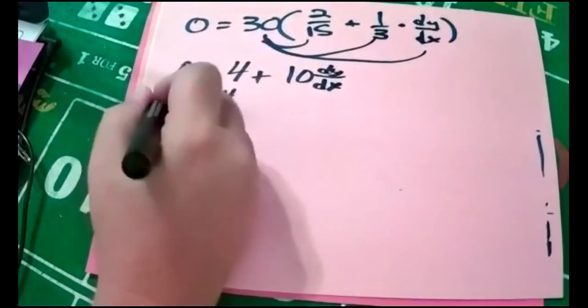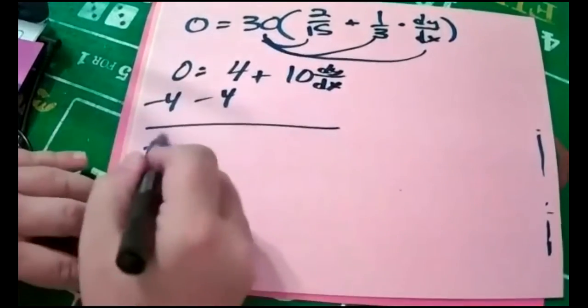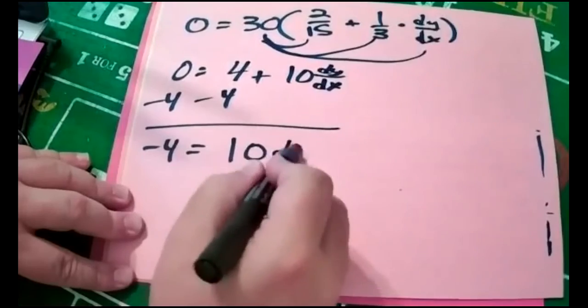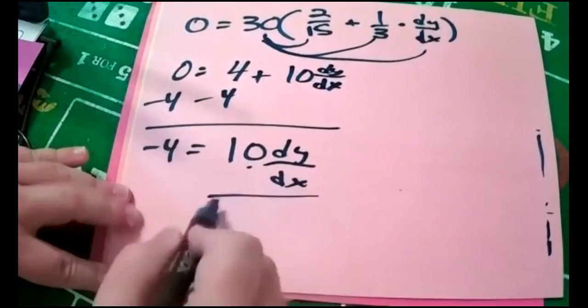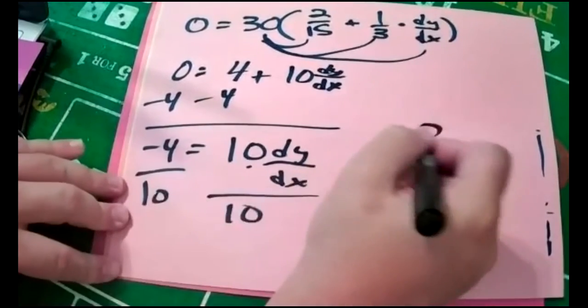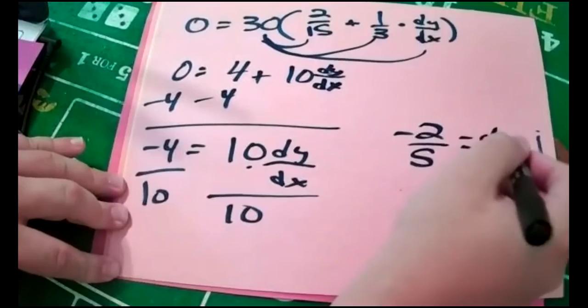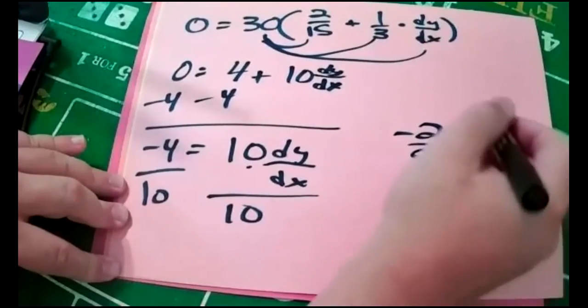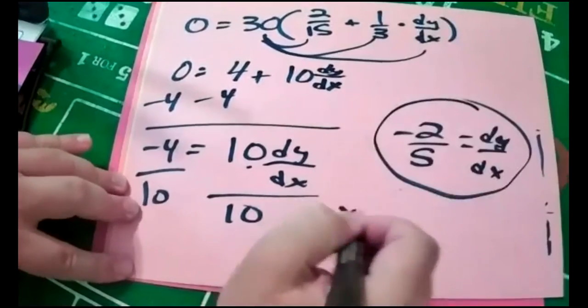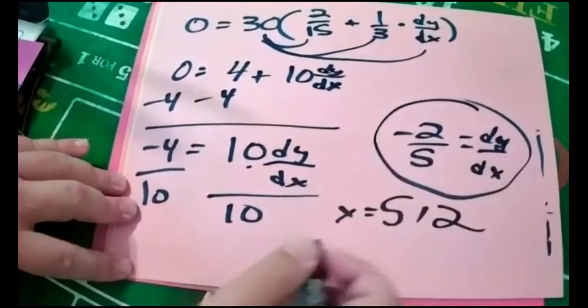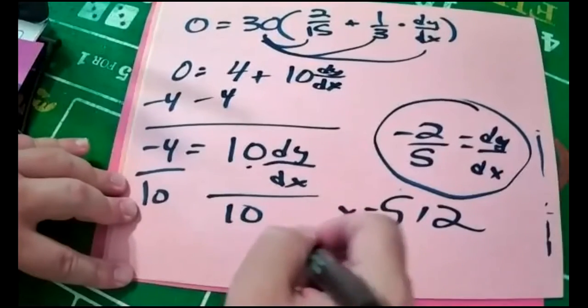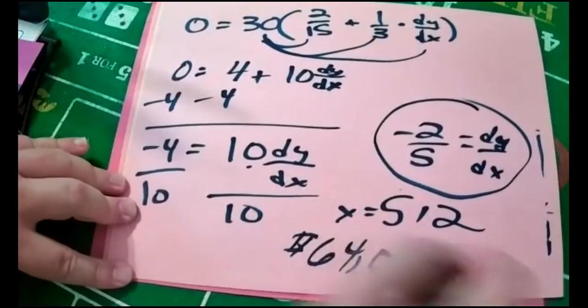And if you solve, pull out that 10, I'm getting negative 2/5 as dy dx. And that is the answer specifically at the case where x equals 512 units at a cost of 64,000.